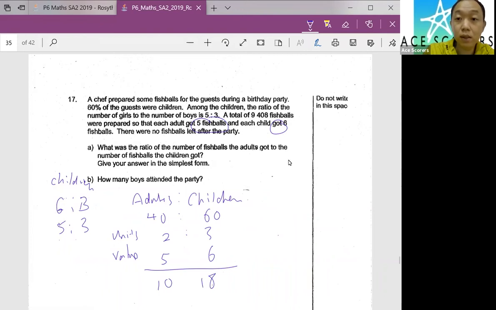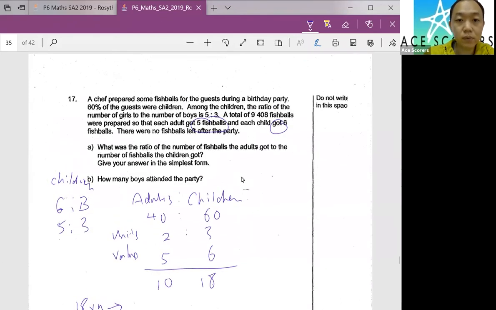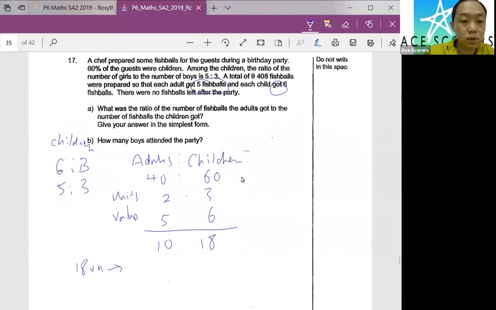Add them together. I get a total of 28 units. So 28 units represents 9,408 fish balls. 1 unit represents 9,408 divided by 28.